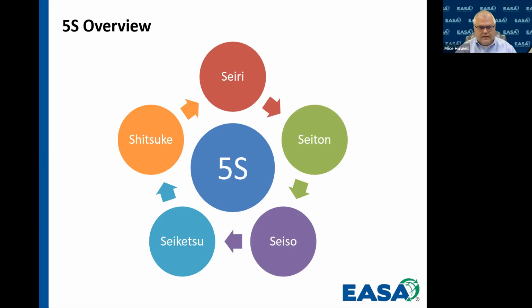So when you take these terms and you put them into English, still trying to stay with that 5S, so picking words that kind of fit in, that begin with S and translate fairly well, you get sort, straighten, shine, standardize, and sustain. And those are the 5 elements. So we're going to go through each one of those elements one by one now.